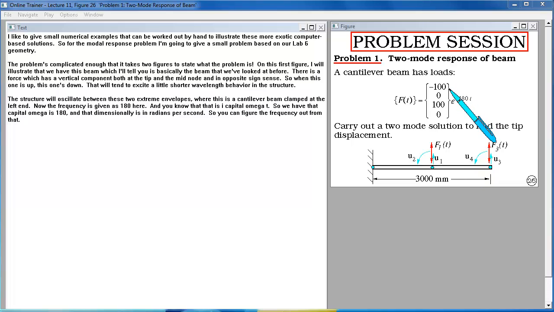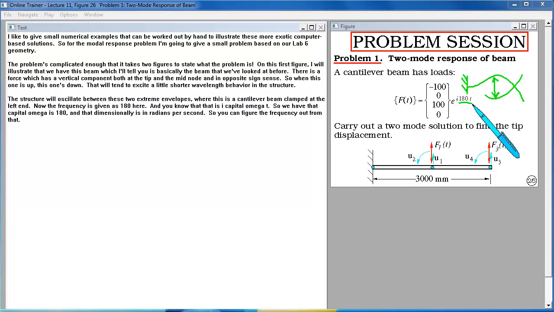There's a force which has a vertical component both at the tip and the mid node and in opposite sign sets. So when this one is up, this one's down. That will tend to excite a little shorter wavelength behavior in the structure. The structure will oscillate between these two extreme envelopes, where this is a cantilever beam clamped at the left end.